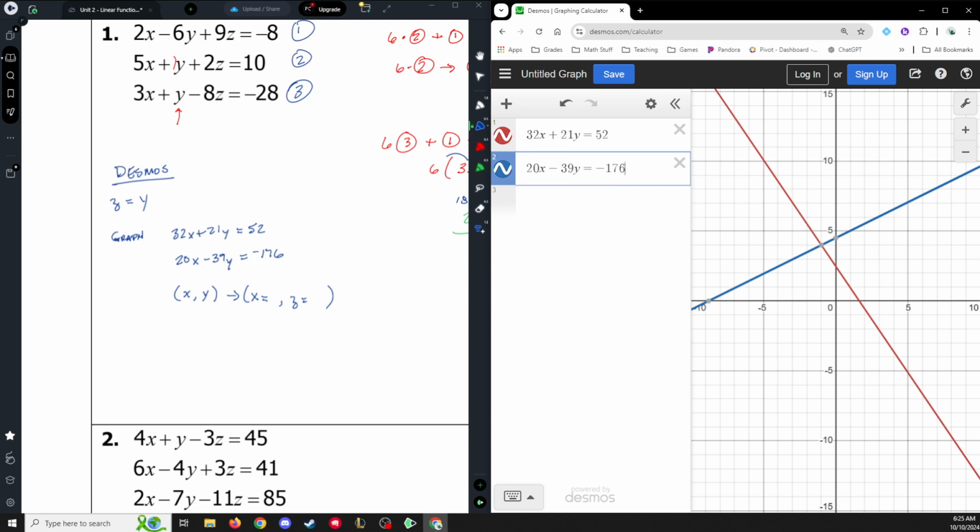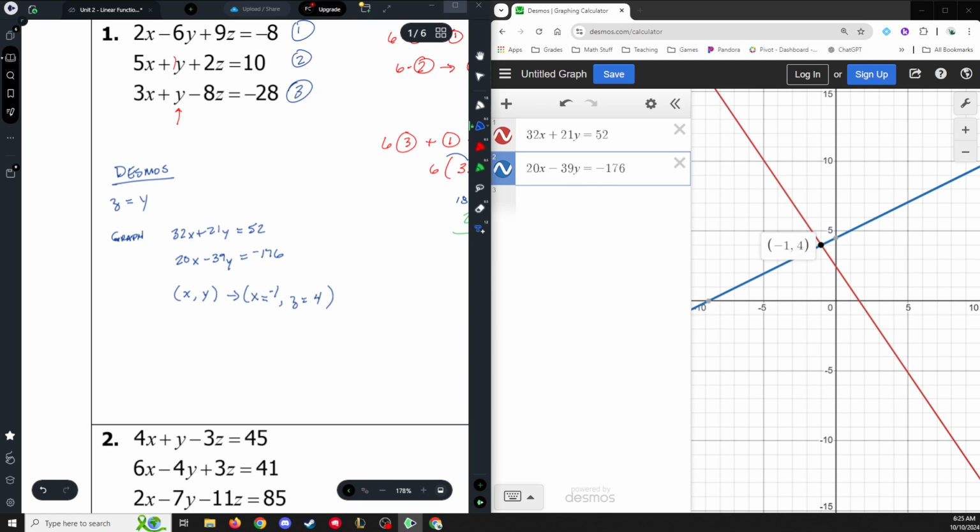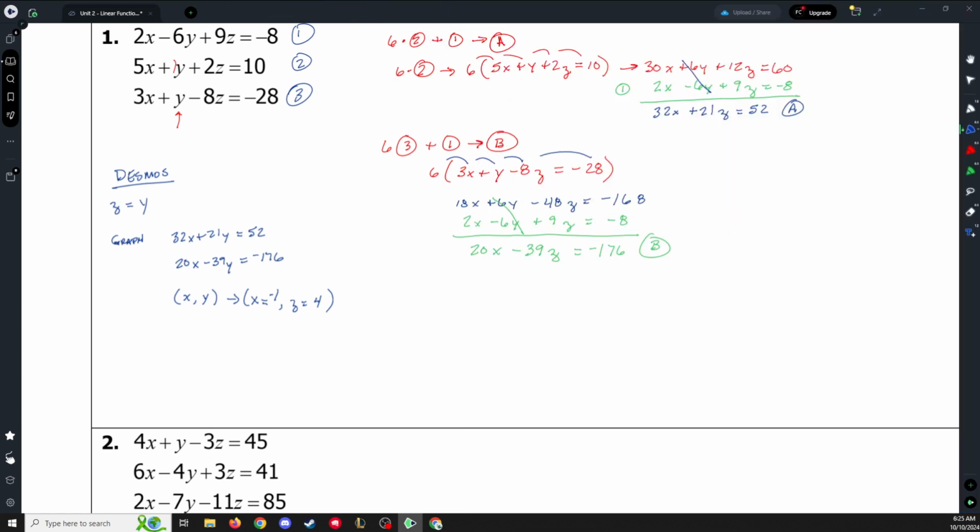My apologies. Where they meet, I click that point. My x value is negative 1. My z value is the y value, which is 4. So then I come back here to my work. I've got x equals negative 1, z equals 4.